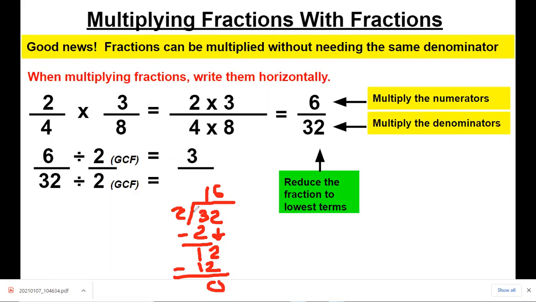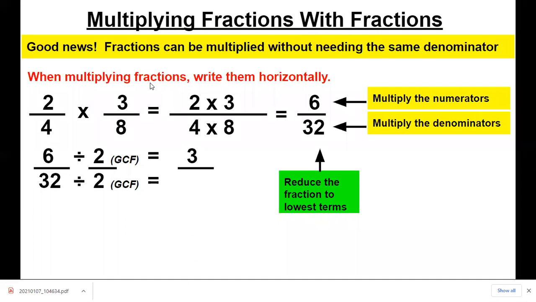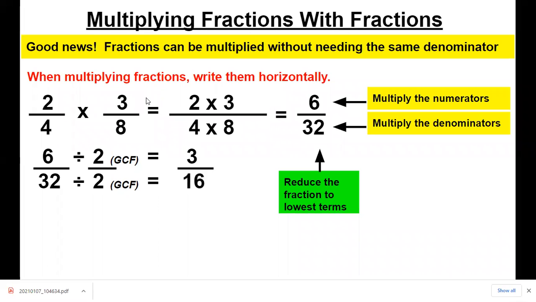So 2 times 16 equals 32. So 32 divided by 2 is going to be 16. So let's bring that one up. And that's in lowest terms. So that is our answer. So 2/4 times 3/8 equals 3/16 in lowest terms.